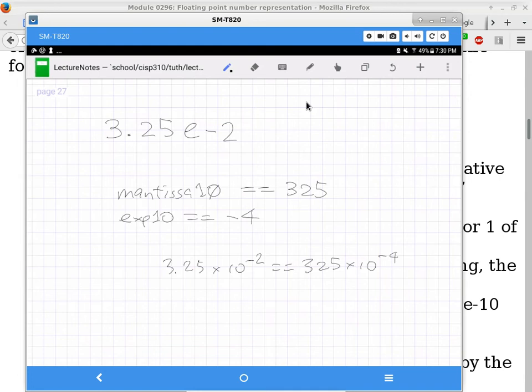So this is the other view of a floating point number. The floating point number always has two parts. One part, which can be seen as this part, is the Mantissa, which can also be seen as the quantity of something. The second part is the unit. This is the unit that we're expressing. So we are really specifying that we have 325 things. What is one thing?